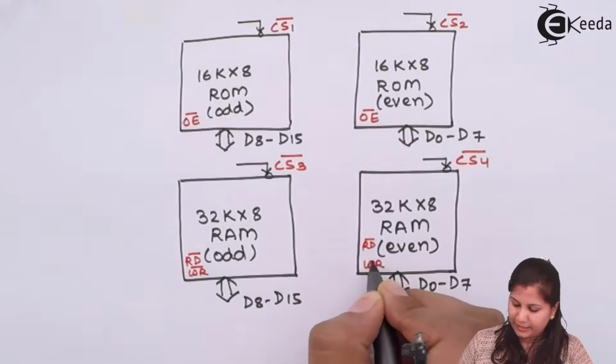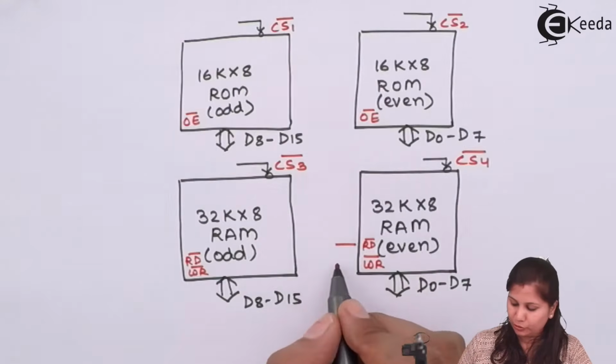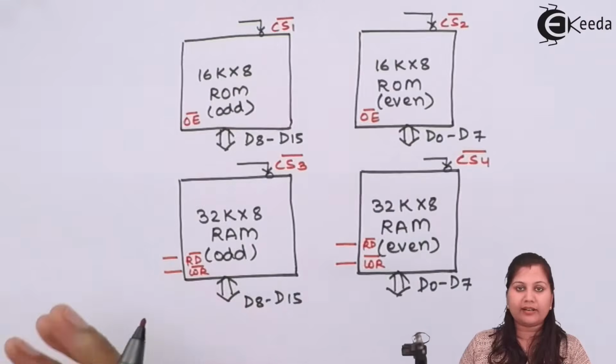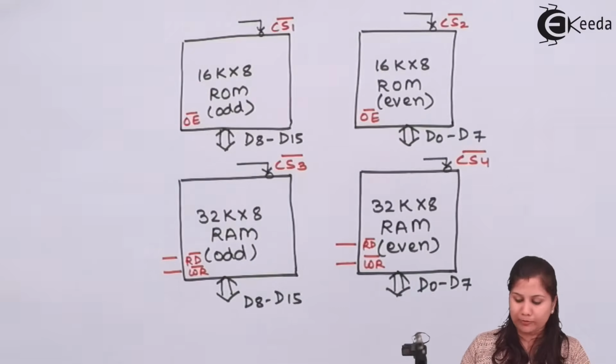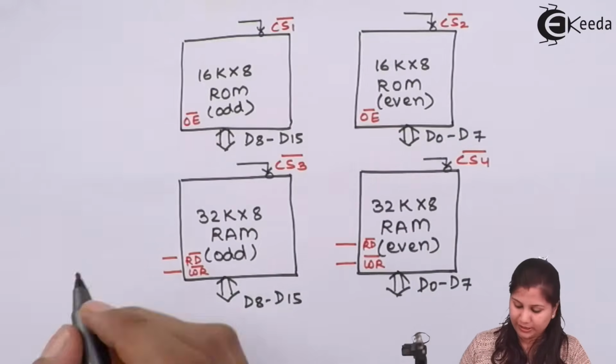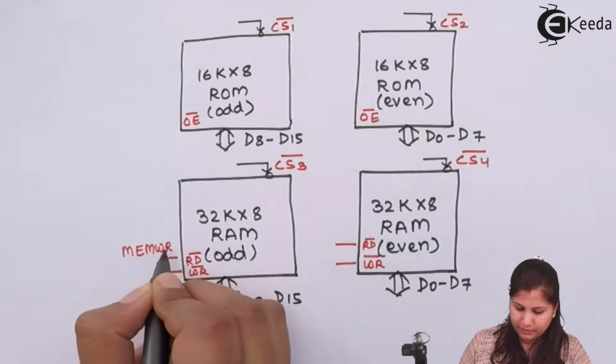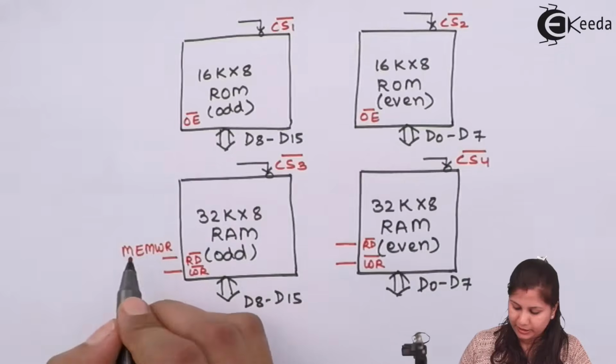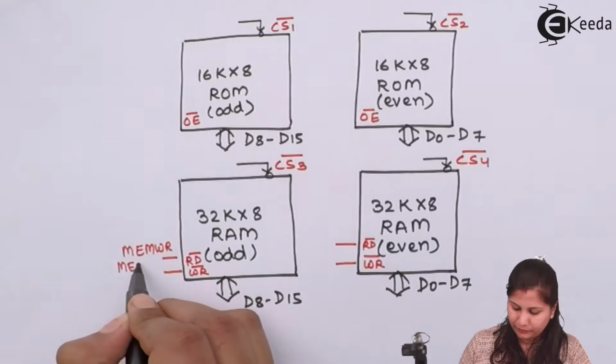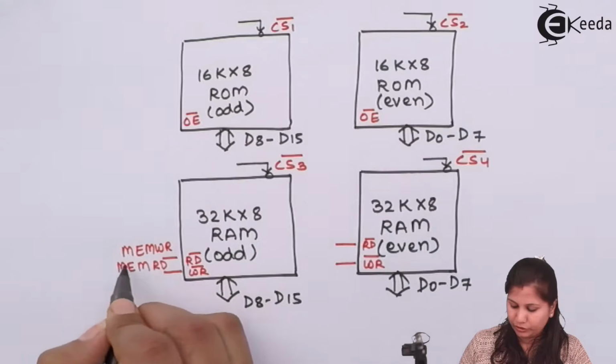So this read and write will be connected to the read and write memory signals of the microprocessor. For 8086 we have MEM WR for the write and MEM RD for the read.